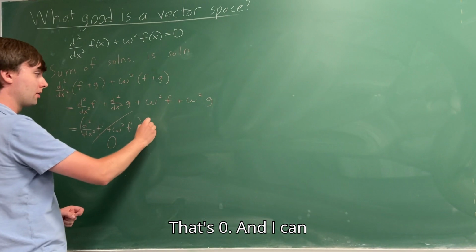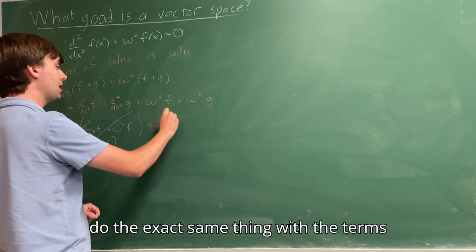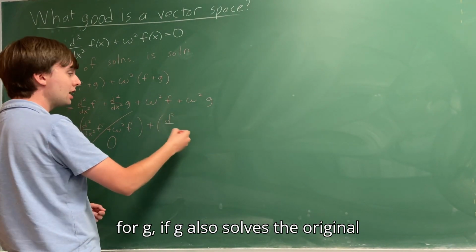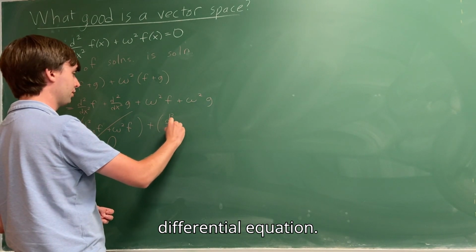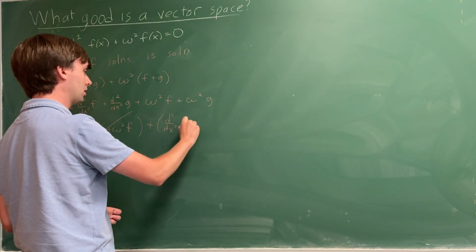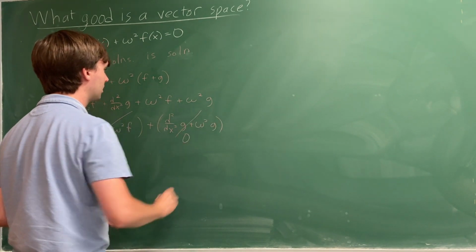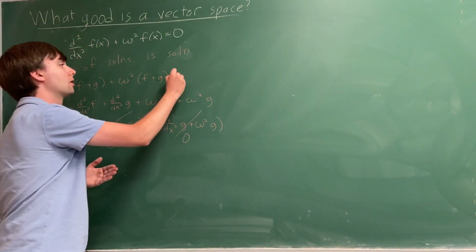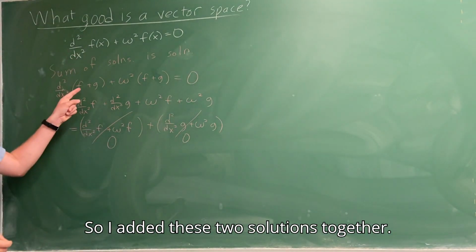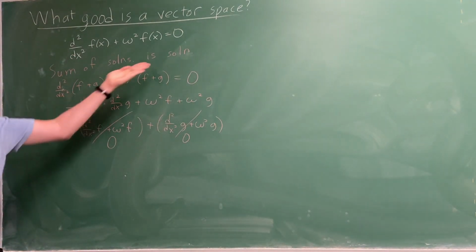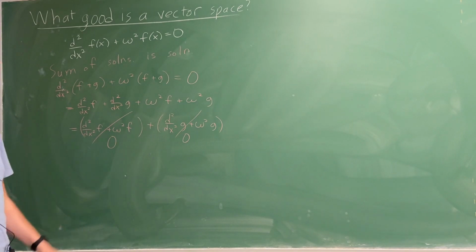That's 0. And I can do the exact same thing with the terms for g if g also solves the original differential equation. So I added these two solutions together. They still solve the equation.